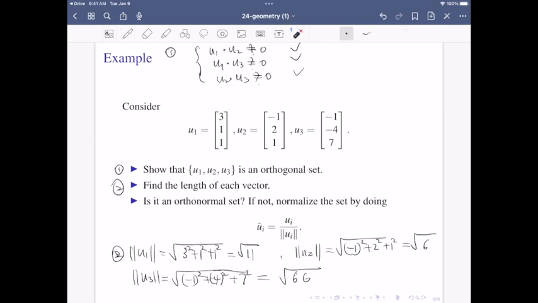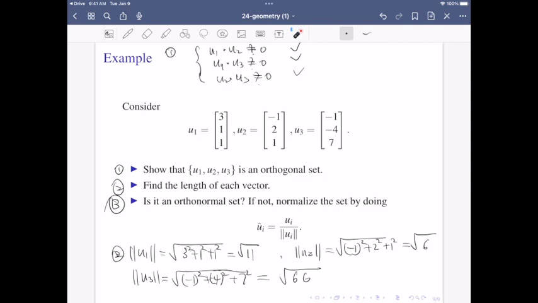Now the next question is: is it an orthonormal set? Of course, it's not an orthonormal set. They are orthogonal to each other, but their lengths are not normalized, they are not unit. So to get an orthonormal set, you divide each vector by its length.